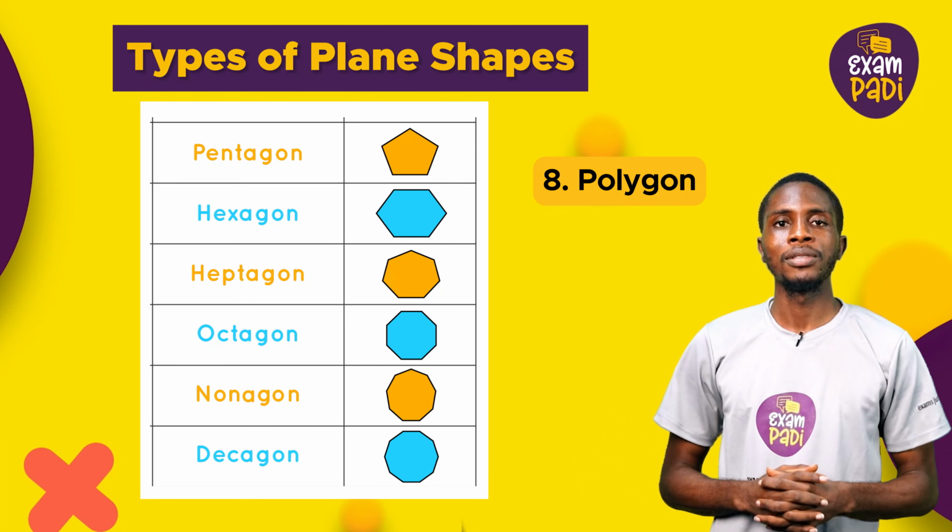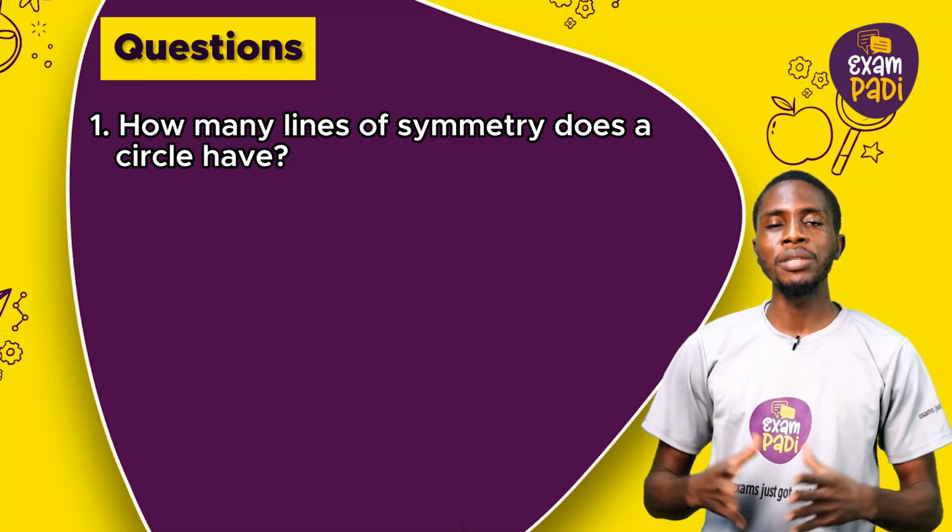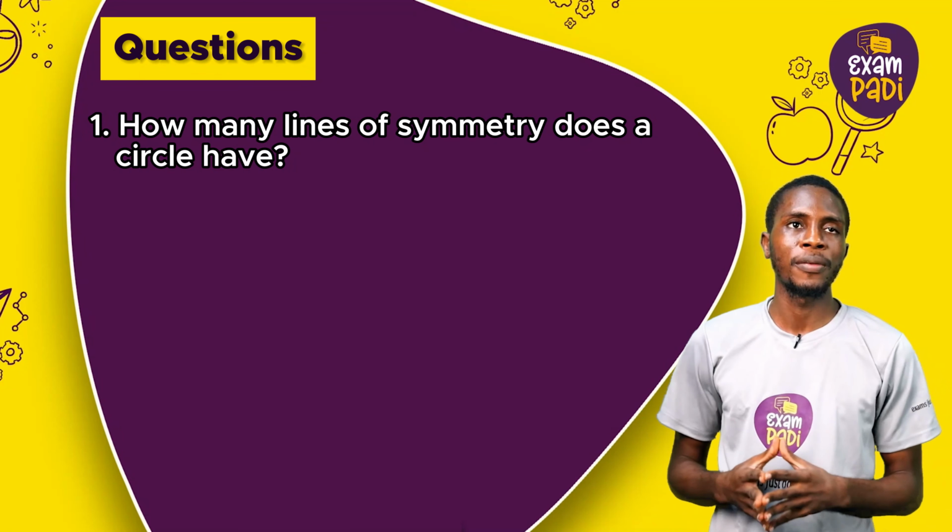You have come to the end of today's lesson. Here are a few questions to evaluate yourself. 1. How many lines of symmetry does a circle have? 2. Describe the following parts of a circle: A. Radius. B. Sector. C. Segment. D. Chord.